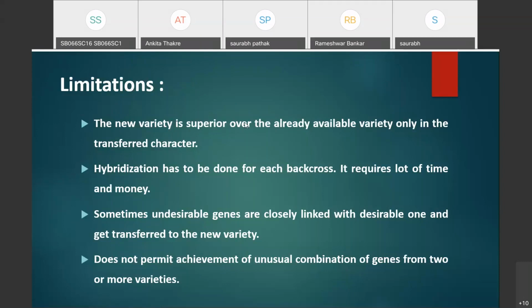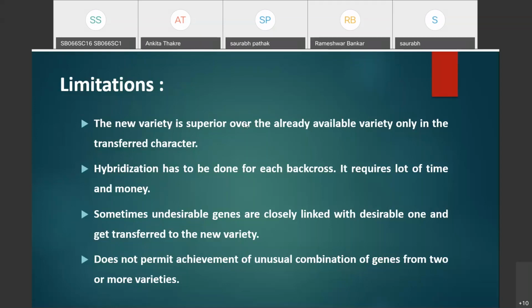Another important drawback of this method is that it does not permit the achievement of unusual combinations of genes from two or more varieties.